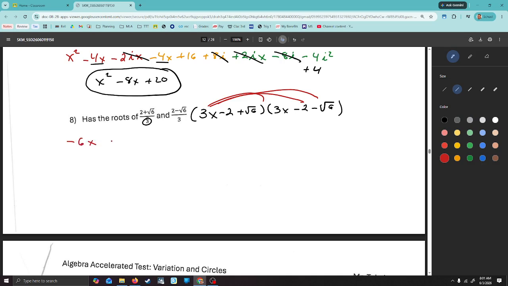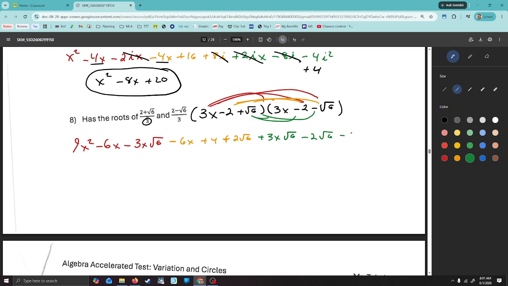So negative 6x, I'm sorry, ahead of myself. 9x squared minus 6x minus 3x root 6 minus 6x plus 4 minus, or I guess it'll be plus 2 root 6 plus 3x root 6 minus 2 root 6 minus root 36, which is just normal 6.